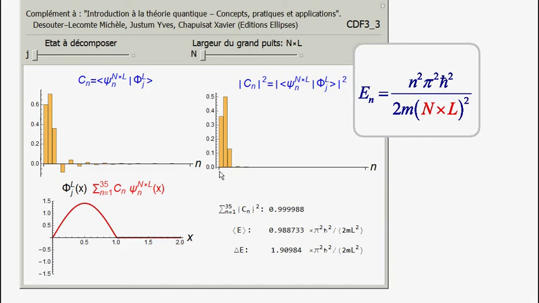In this example, we mainly get E1, E2, E3, and here we have the average value of the energy, and here the standard deviation of the distribution of the outcomes of measurement.